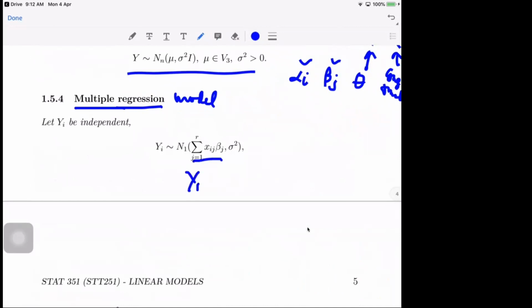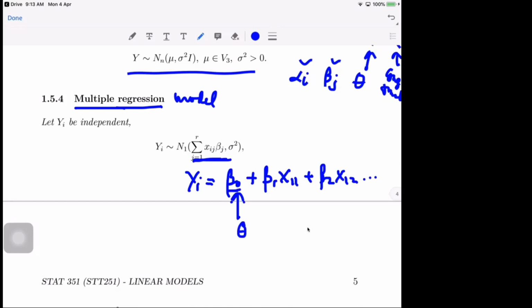So the usual notation for your model is something like this: beta null plus beta 1 x i1 plus beta 2 x i2 and so on and so forth. This is taken care of by the summation of x ij, j from 1 to p. So this is equivalent to your theta, an overall effect, or beta null.